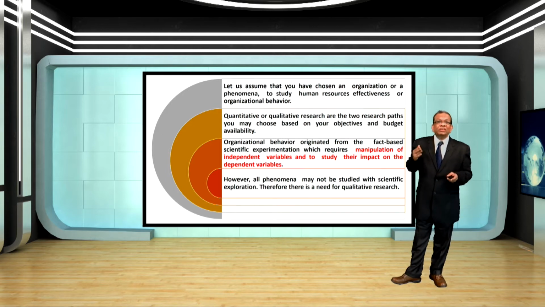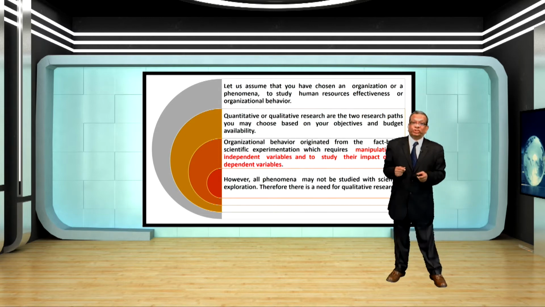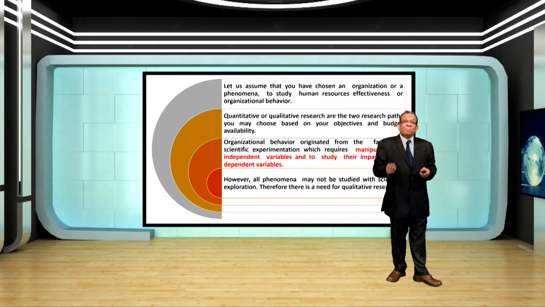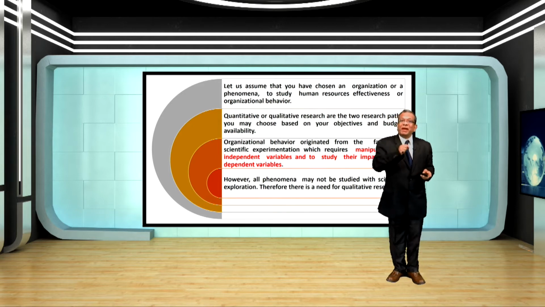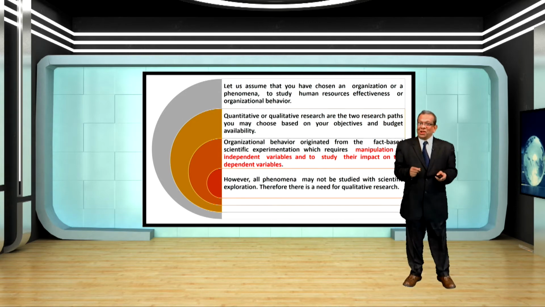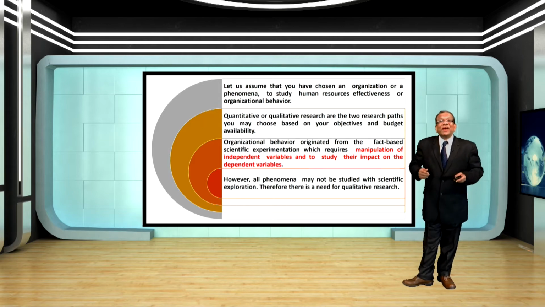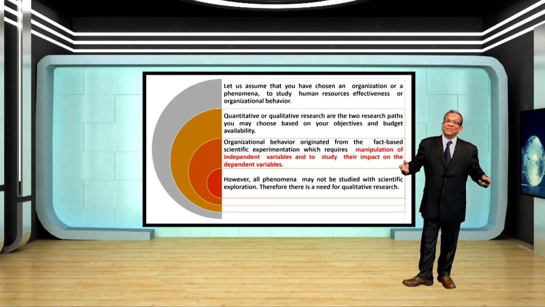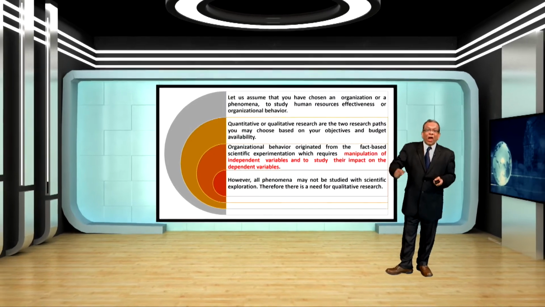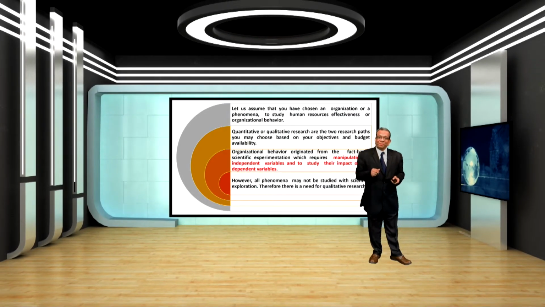Organizational behavior originated from fact-based scientific experimentation, which requires manipulation of independent variables and studying their impact on the dependent variables. Here a very important point is, independent variables are those variables that the researcher manipulates, and he studies the impact of it on dependent variables.